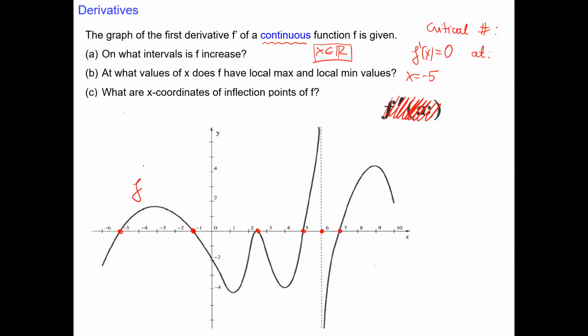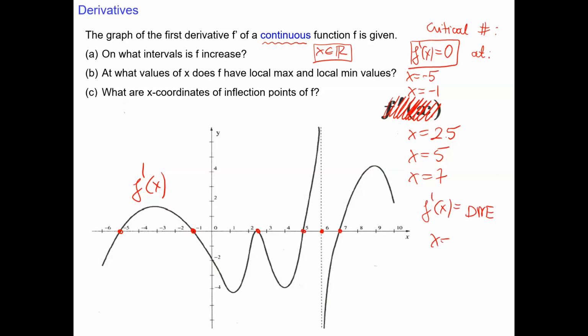Let me put this one, f prime of x at -5, -1, let's say 2.5, 5, and 7. Right? That means the derivative is 0. And now the derivative is undefined at 6.